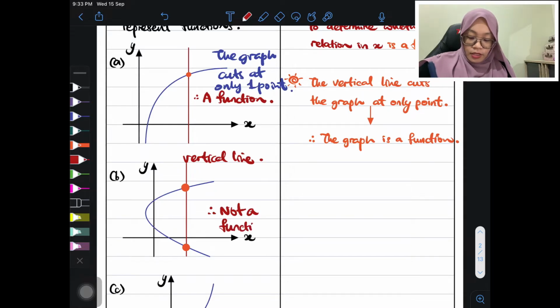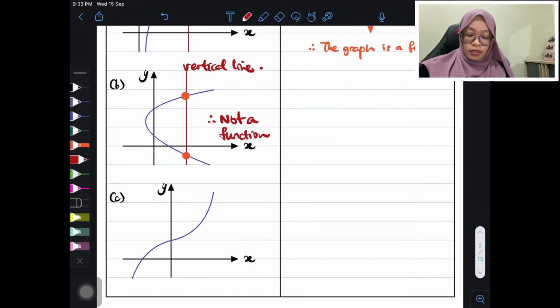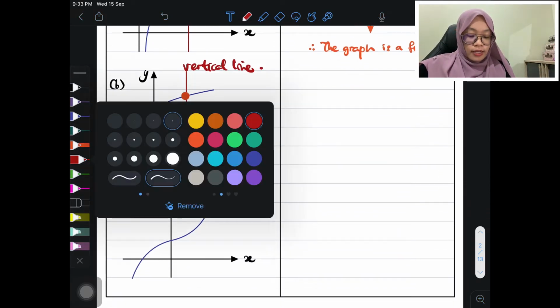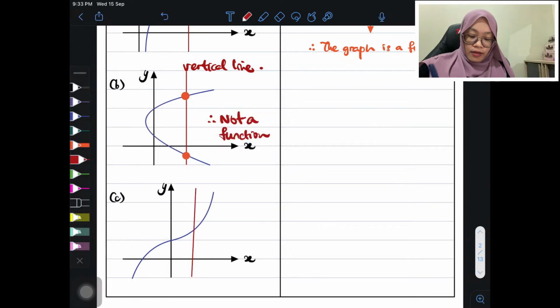Okay, a function is only where the graph cuts at only one point. Therefore, this is not a function. Whereas in the third example, you make a vertical line over here, and you find that there is only one point that cuts over there.